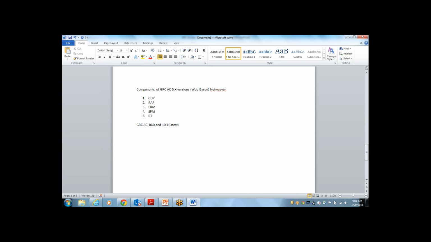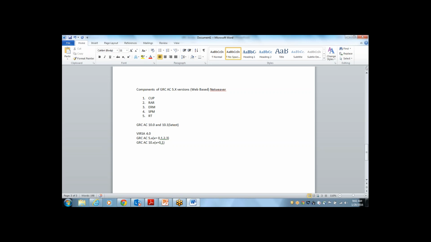So when you compare the versions now: BIRSA 4.0, GRC AC 5.x, where x means 5.1, 2, 3, and GRC AC 10.x, where x equals 0, 1. Here x equals 0, 1, 2, 3. This is the versions and the story.